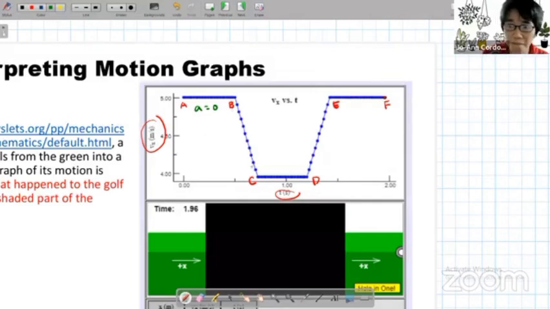B to C, ang acceleration natin ay, B to C naman. Okay, it's negative. And then C to D, 0. Okay? And then D to E, positive.